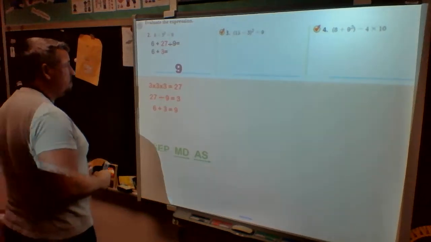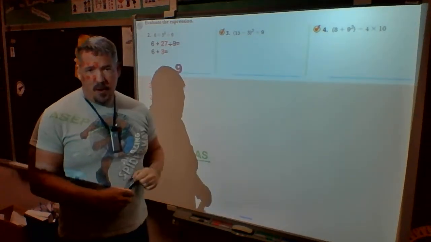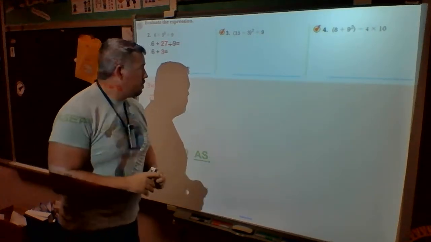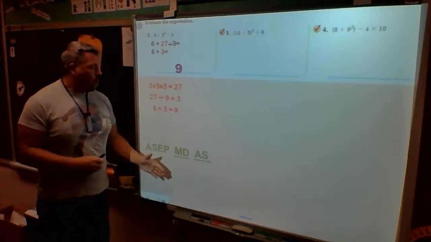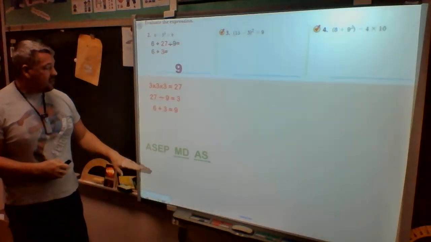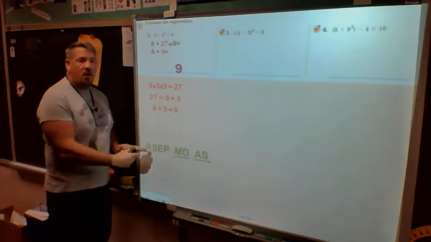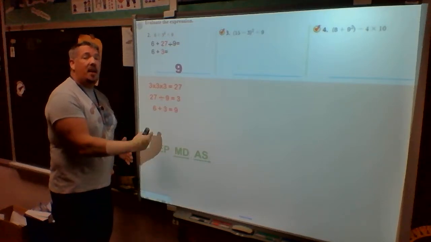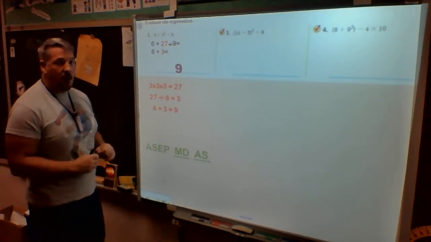Question 3. In parentheses, 15 minus 3. My parentheses is to the second power, or squared, and then I divide by 9. So my order of operations tells me I'm going to start with inside of my parentheses. Yes, once again, exponent is listed first, but the key to these is that these can be done in any order that they come, as long as it doesn't change my answer.